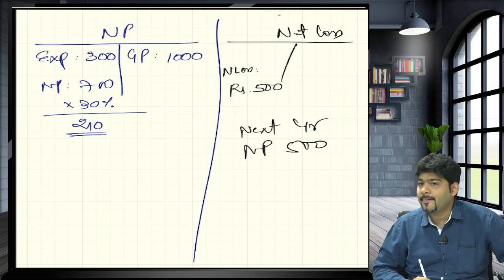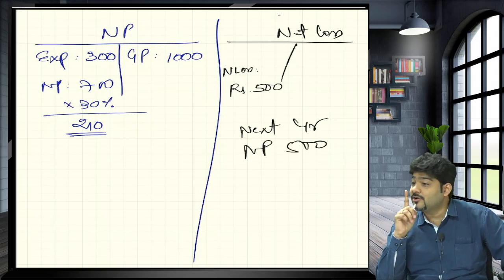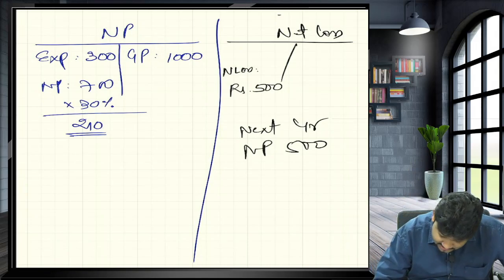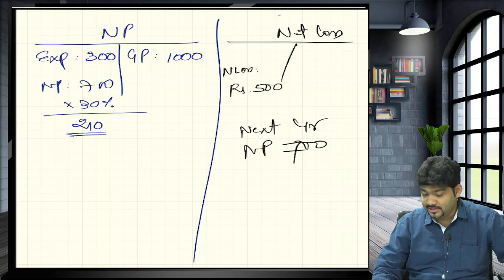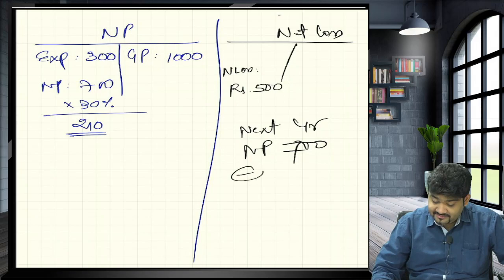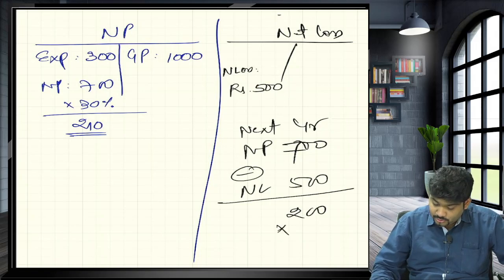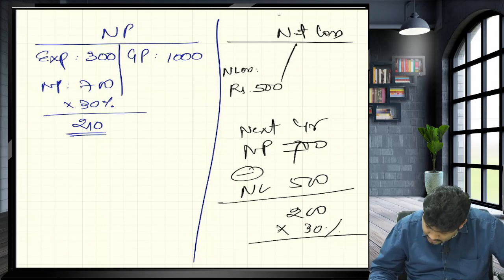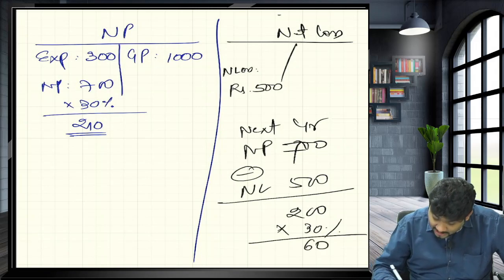Suppose next year I make a net profit of 700. What will happen? Can I say there is a provision of set off? So will I pay full tax directly on 700? Can I say I will first reduce the net loss which I had made in the last year? So 500 will be reduced. So how much is net? 200 into 30% is 60.